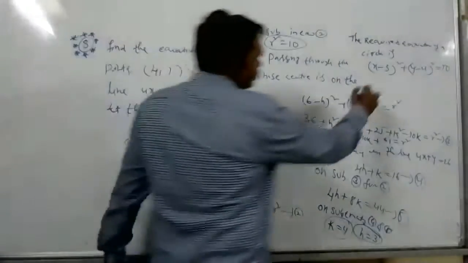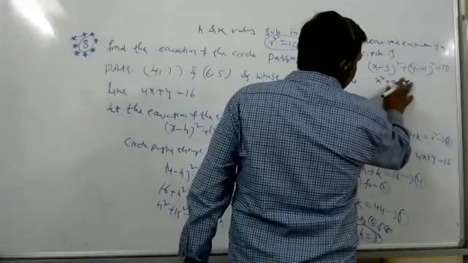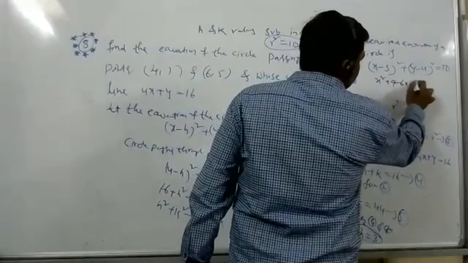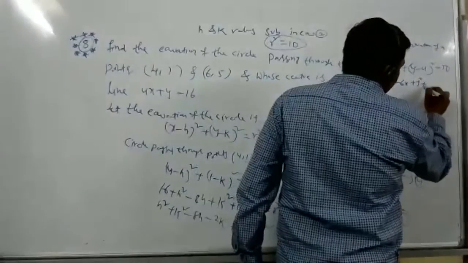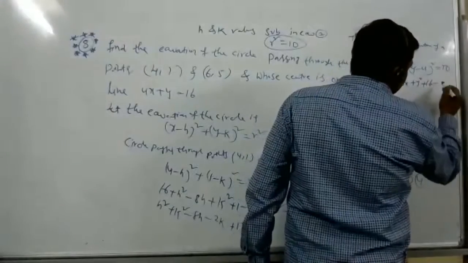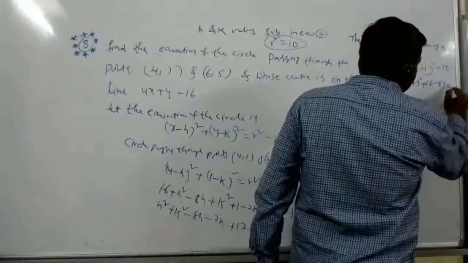Then x square plus 9 minus 6x plus y square plus 16 minus 8y is equal to 10.